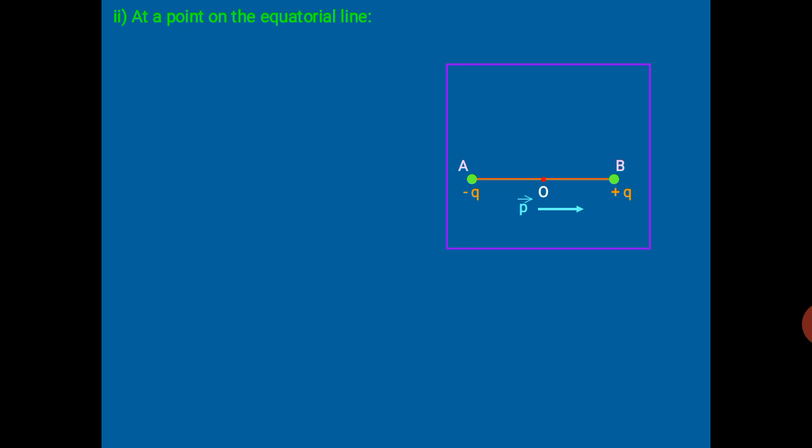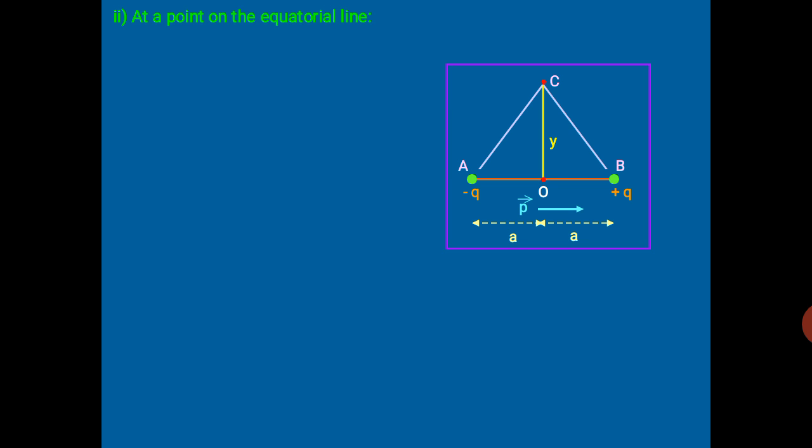O is the midpoint of the line joining the two charges. Just draw one line which passes through O and is perpendicular to AB. That one is the equatorial line. That line OC, that one is the equatorial line.